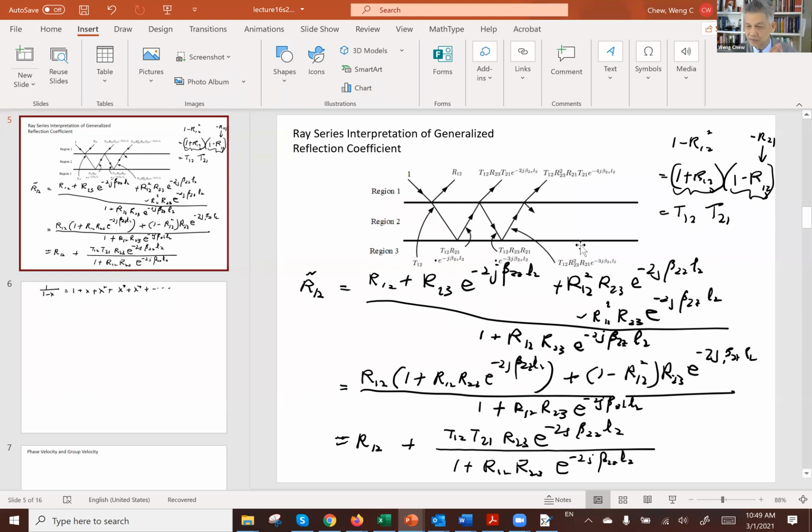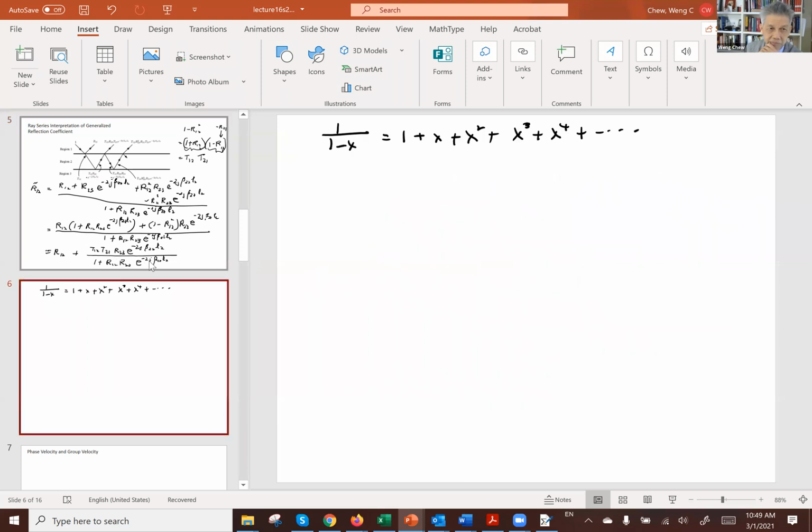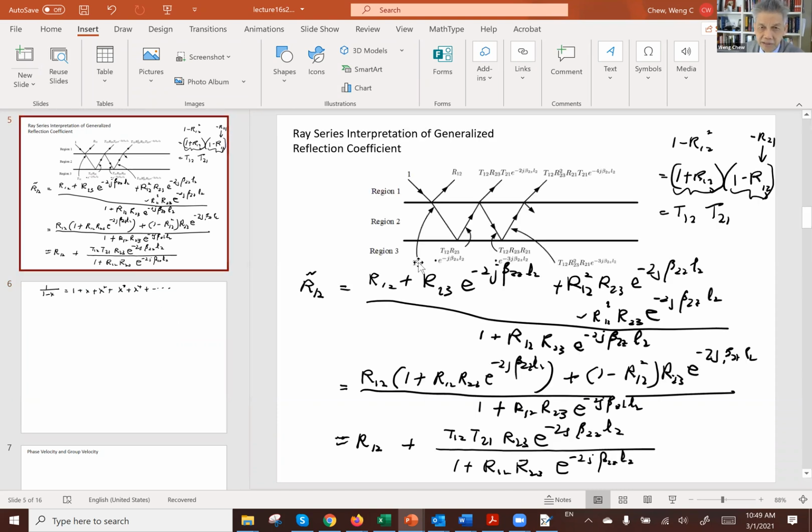Okay, are there any questions regarding this? I will not do the substitution, but if you substitute in, you will see this ray series picture coming out. Sometimes you see echoes coming from a layered medium. What it says is that when you have a layered medium, you don't see a single reflected ray.